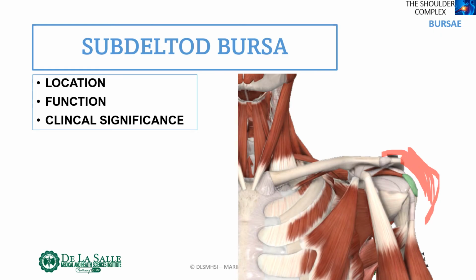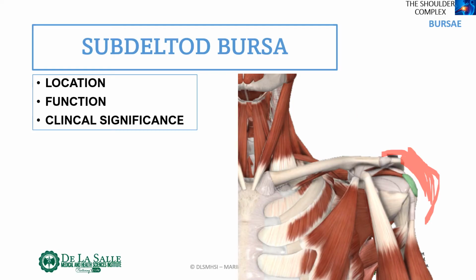With its location, we can now conclude that the function of the bursa is to prevent or to limit frictional forces between the deltoid and the underlying supraspinatus tendon and humeral head.